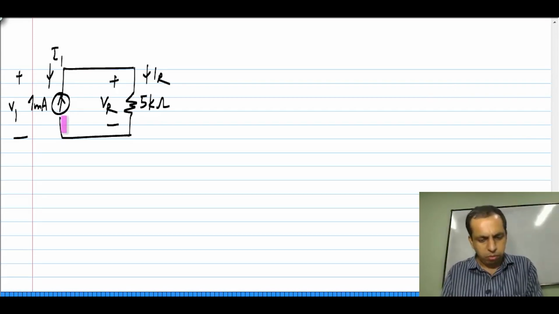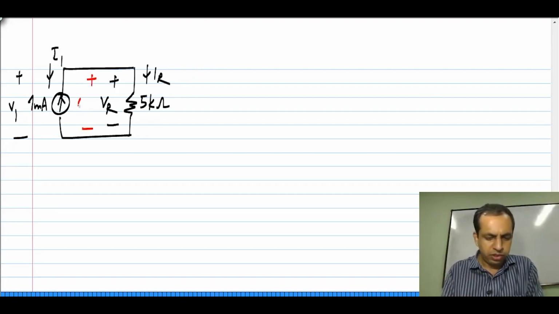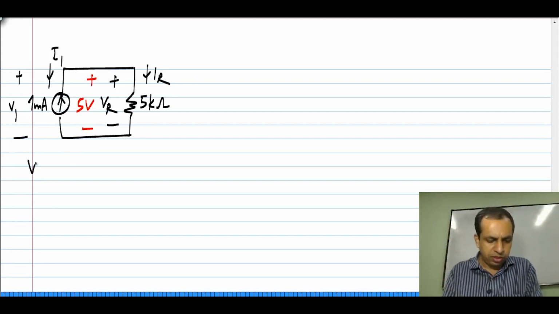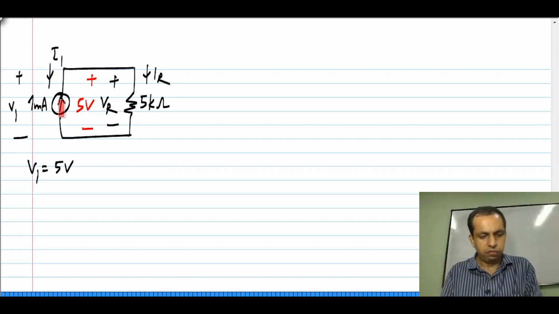So, it is quite obvious that 1 milliamp flows through the 5 kilo ohm resistor. So, a voltage of 5 volts appears between these terminals, and from this we know that V1 is 5 volts and this current I1, which is opposite in direction to the current source direction, is minus 1 milliampere.